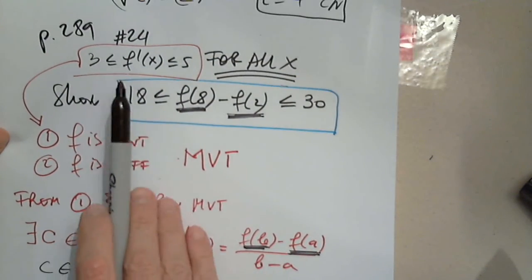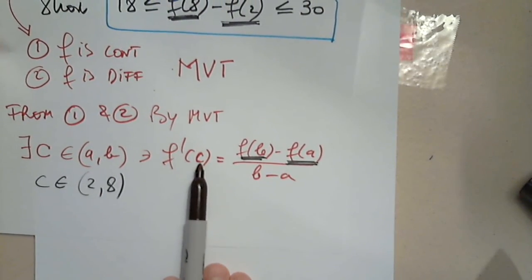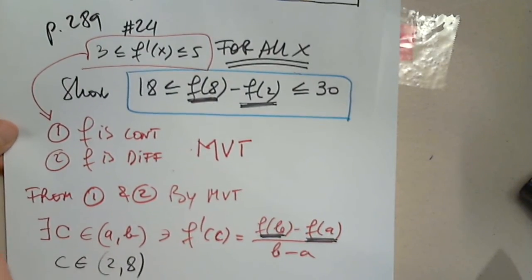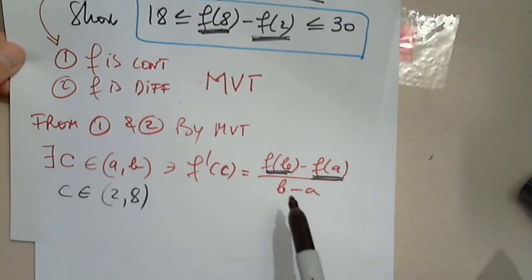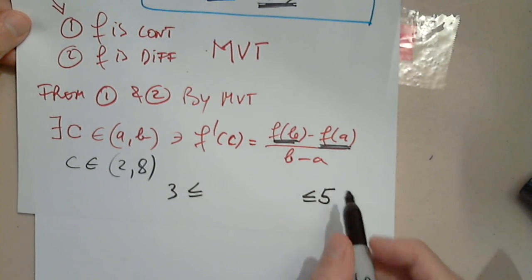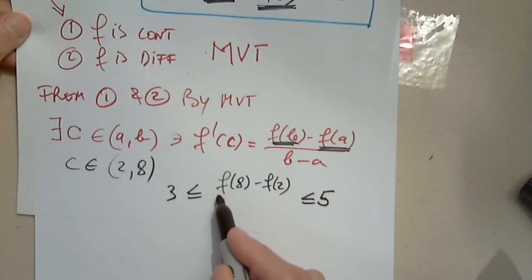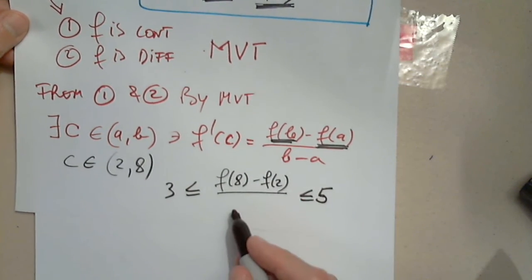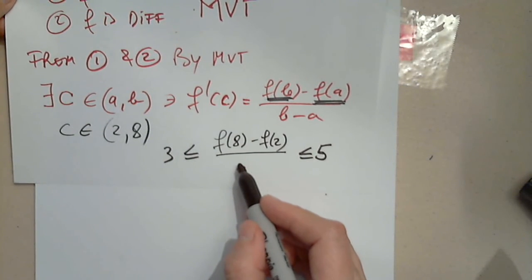So I know that f prime of anything, including f prime of C, is bounded between 3 and 5. So now I know that between 3 and 5, I have f of 8 minus f of 2 divided, obviously, by what? 8 minus 2.